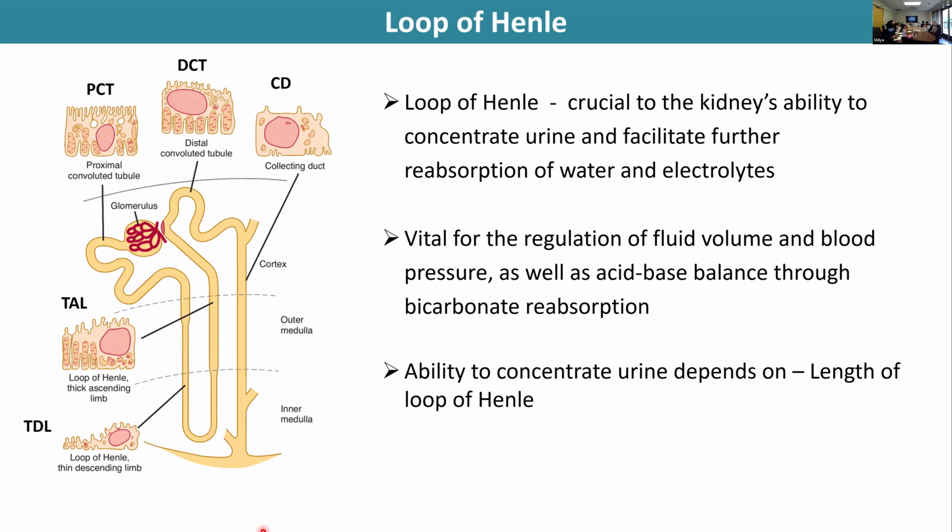Whereas in places like deserts, desert animals have to conserve water, so they have a longer loop of Henle. So the ability of the kidney to concentrate urine depends on the length of the loop of Henle.